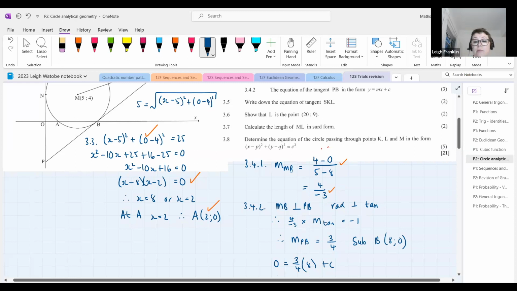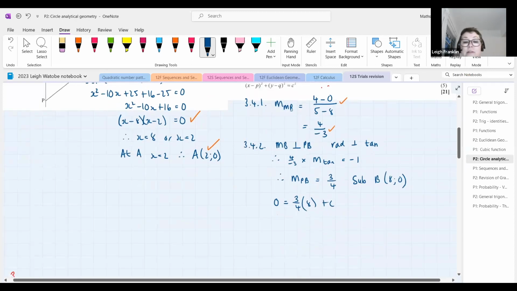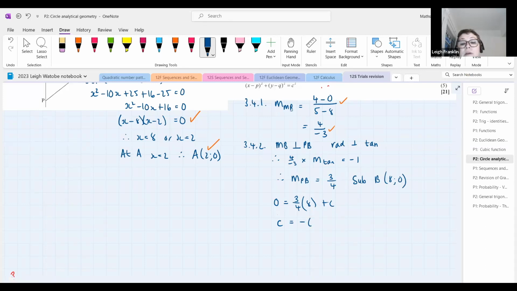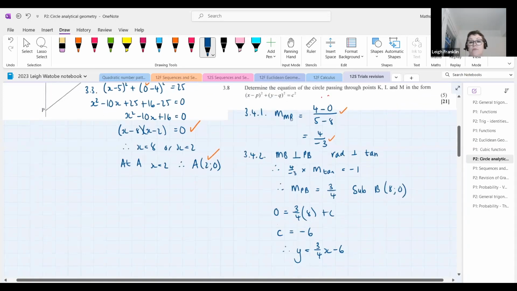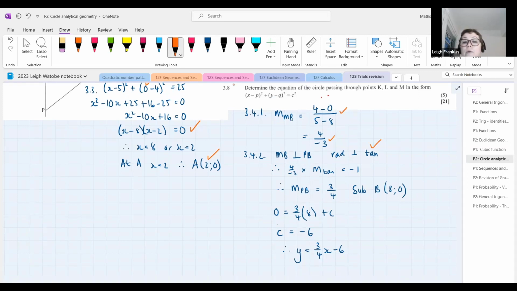That means c would be equal to -6. Is that what you said, Chad? So y equals 3 over 4x minus 6, out of 3 marks. Radius perpendicular to tangent, we've got our gradient, we've got our y-intercept.